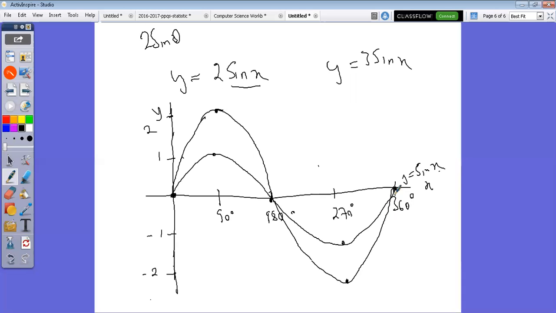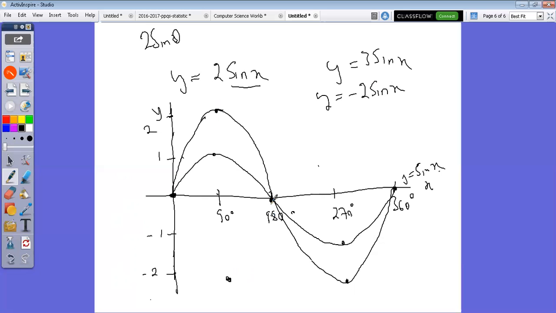Clear? Now, what if it is y is equal to minus 2 sine x? Want to see what happens? Negative now. I'm sure you can see it's a reflection. The 0 does not change, because negative times 0 is 0. But sine 90 is 1 times negative 2 is minus 2.